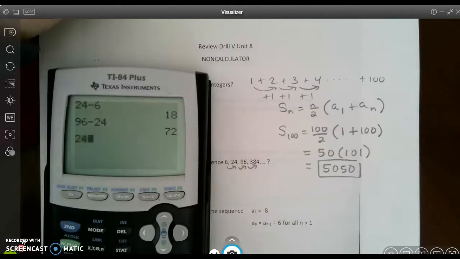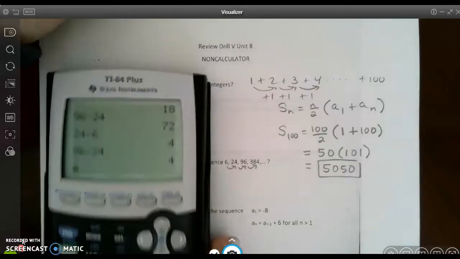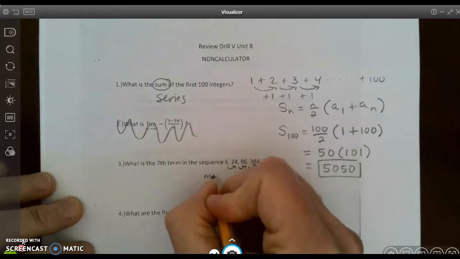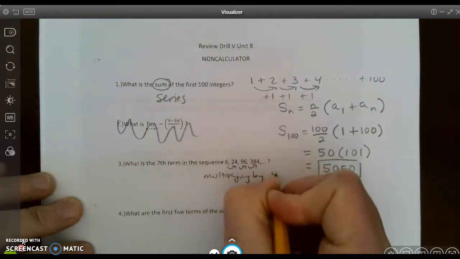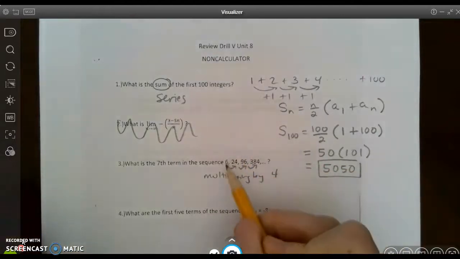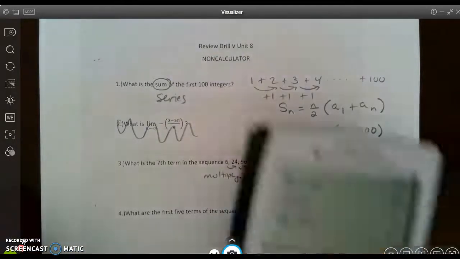Let's do 24 divided by 6 and 96 divided by 24. There we go, constant ratio. So we are multiplying by 4.